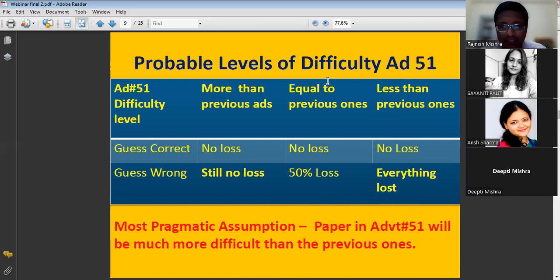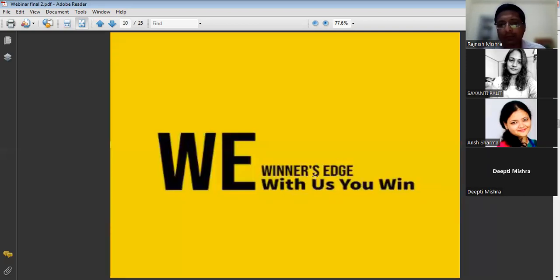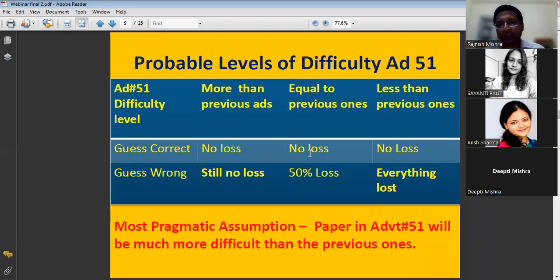When you guess that it is equally difficult to the previous ones and your guess is right, there is no loss. When your guess is wrong, it is either more difficult or less difficult than previous advertisement papers. If it is more difficult, you lose. If it is less difficult, you win. But then 50% chances of loss, therefore, are there when your guess is wrong.